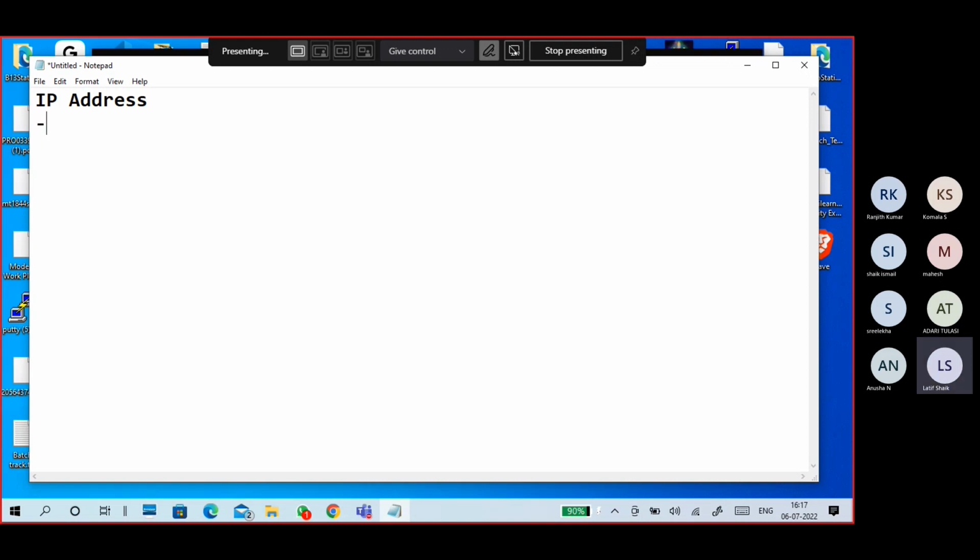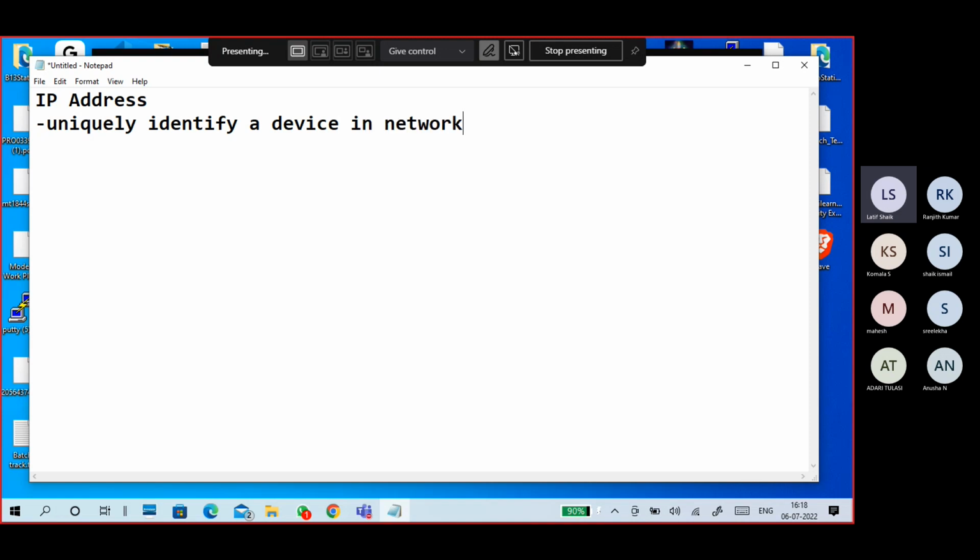What is an IP address? Uniquely, actually, it uniquely identifies a device in a network. Okay, so what is an IP address?